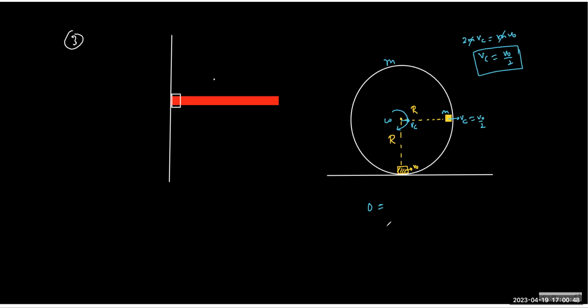If it is able to reach only that much point, how is it possible?